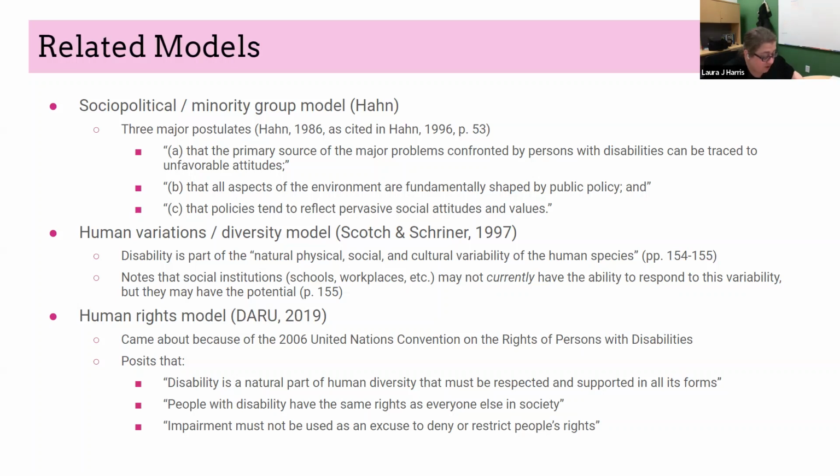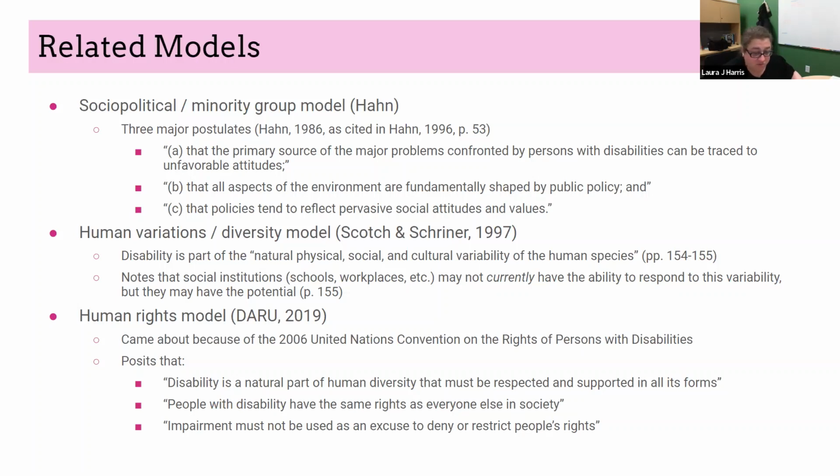And there are 3 major points of this model. First, that the primary source of the problems confronted by people with disabilities can be traced to unfavorable attitudes about disabilities, that all aspects of the environment are shaped by public policy, and that policy tends to reflect social attitudes and values. And actually, there is some research that backs this up.